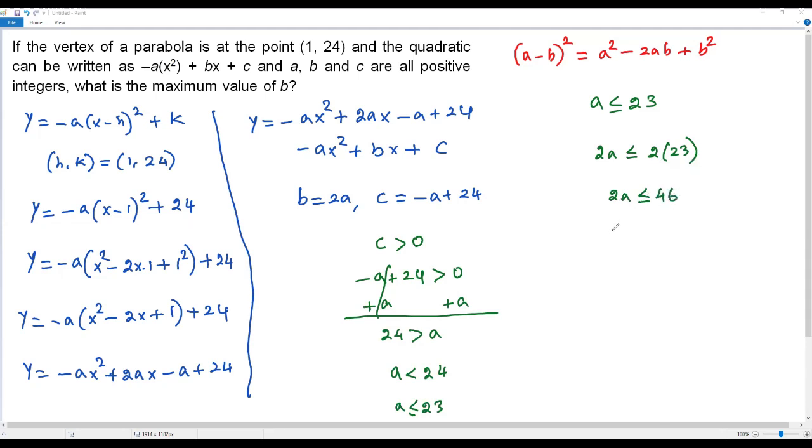Now I got 2a less than or equal to 46. Already we know that b equals 2a. Since b and 2a are equal, we can plug in b for the 2a over here. Then I'm getting b less than or equal to 46. So b is a positive integer, and it can be equal to 46, or it can be less than 46. So the maximum value of b is 46.